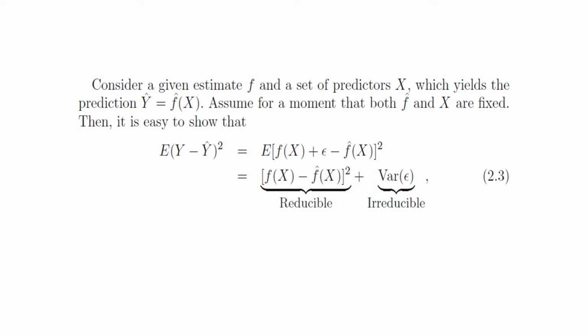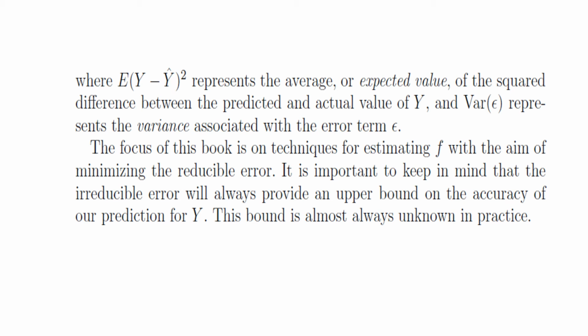Consider a given estimate f-hat and a set of predictors X, which yields the prediction Y-hat = f-hat(X). Assume for a moment that both f-hat and X are fixed, then it's easy to show that E(Y - Y-hat)^2 = [f(X) - f-hat(X)]^2 + Var(ε), where E(Y - Y-hat)^2 represents the average or expected value of the squared difference between the predicted and actual value of Y, and Var(ε) represents the variance associated with the error term ε.